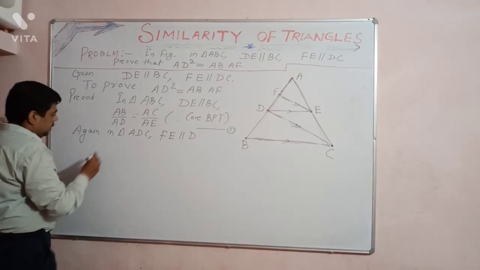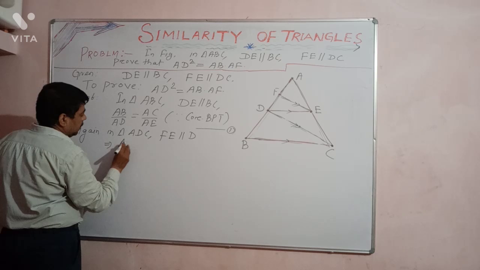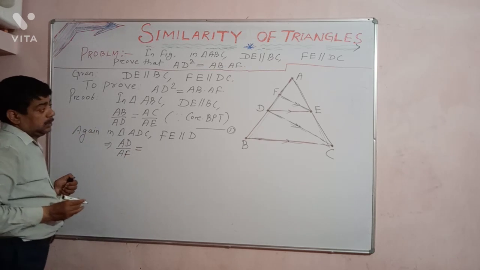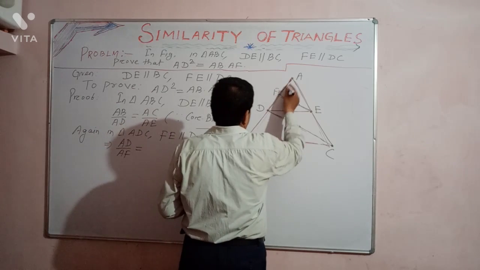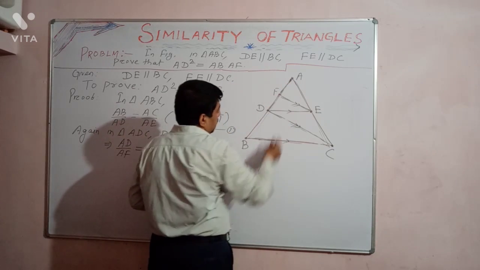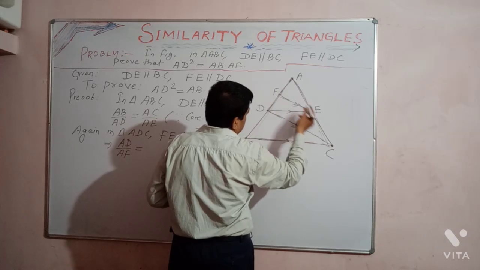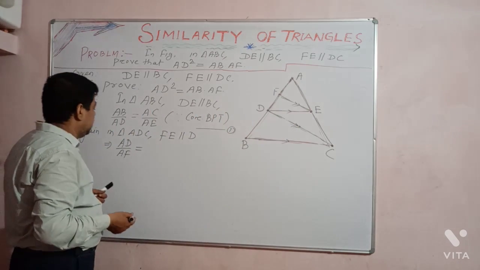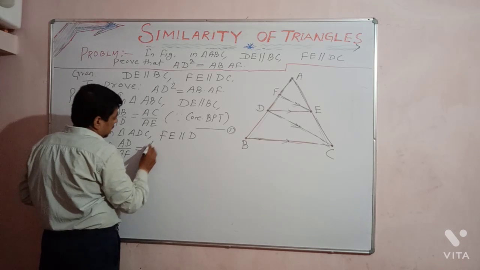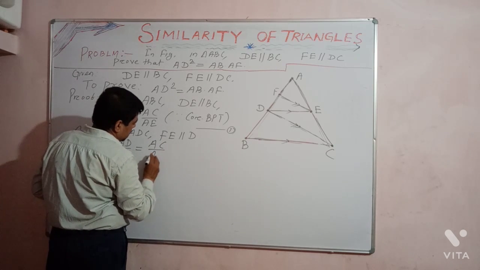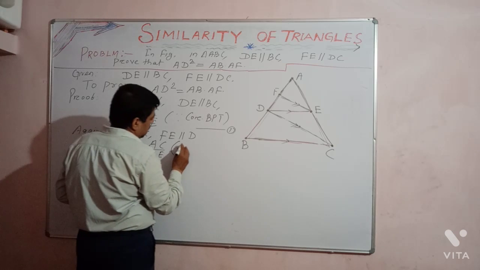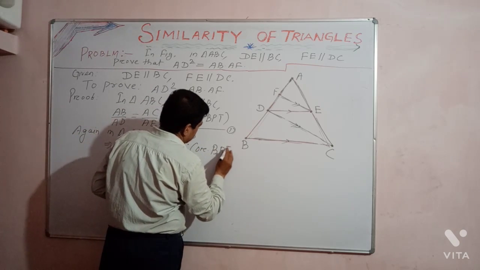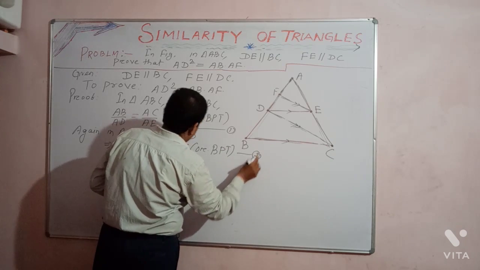Similarly, we can use AD upon AF. What is AD? AD upon AF can be written as AC upon AE. Yes or no? AD upon AF is equal to AC upon AE, and this is also the corollary of the basic proportional theorem. This is point number 2, right?